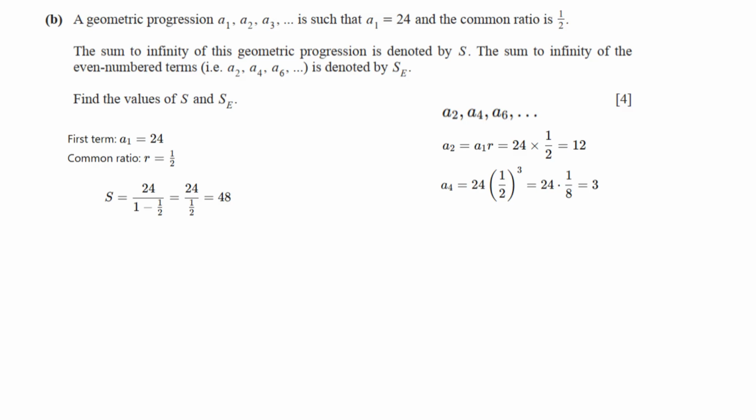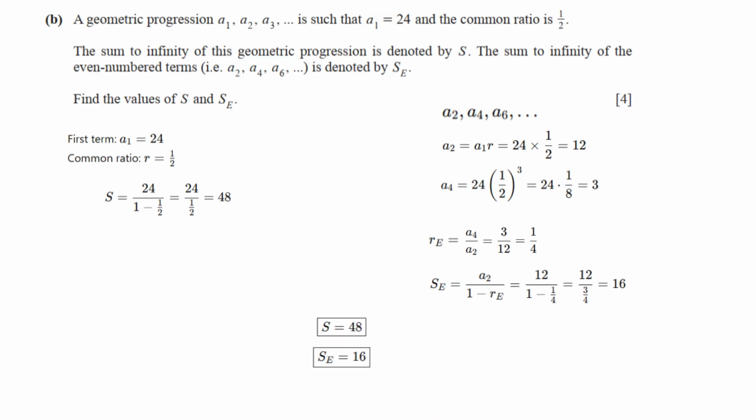So the common ratio between these even terms is 3 divided by 12, which is 1 over 4. So in this case, the sum to infinity SE is 12 divided by 1 minus 1 over 4, which is 16. So S is 48 and SE is 16.